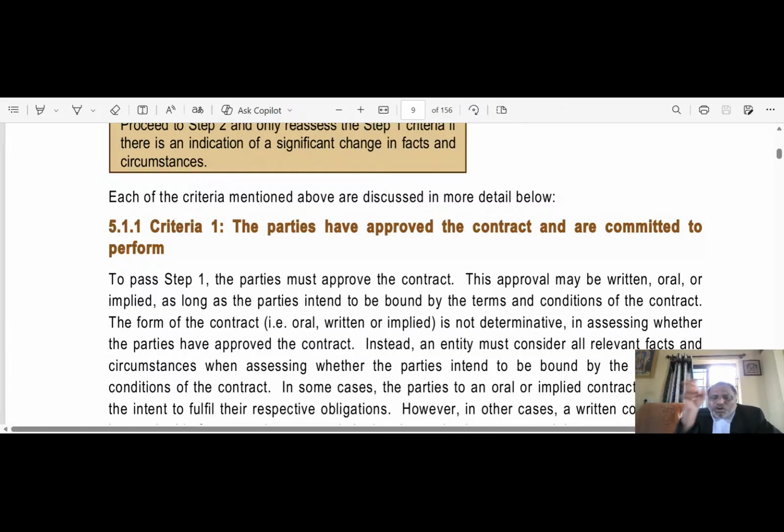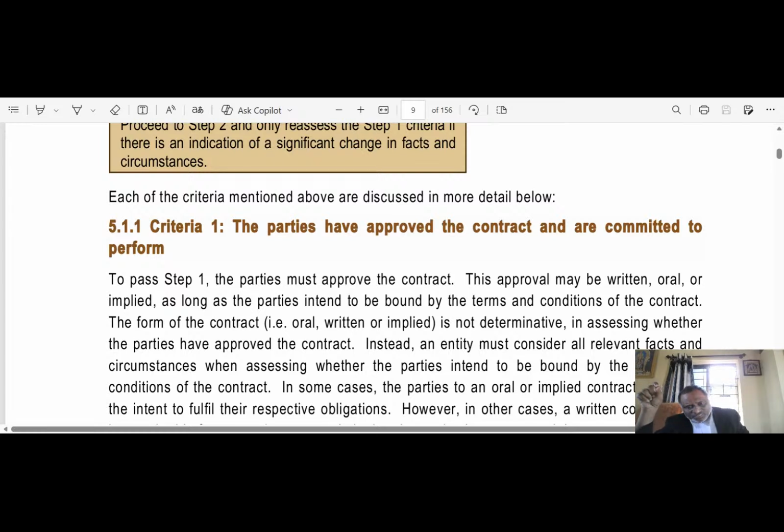The form of the contract, whether oral, written, or implied, is not determinative in assessing whether the parties have approved the contract. Instead, an entity must consider all relevant facts and circumstances when assessing whether the parties intend to be bound by the terms and conditions of the contract.